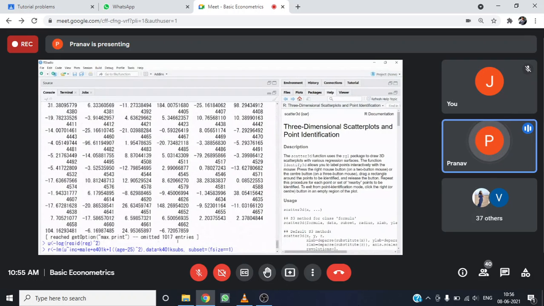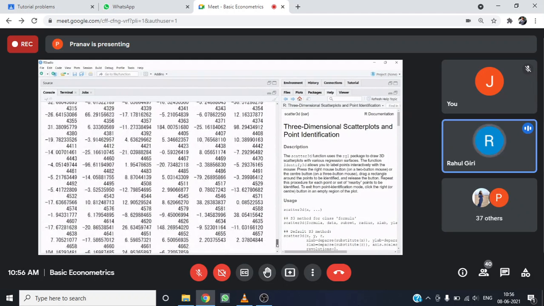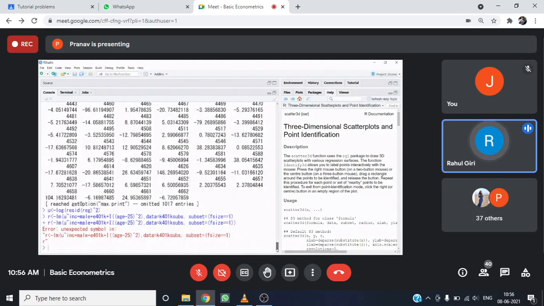It has omitted certain entries as well. Just check the points if you're getting the same. It's giving an error that the length is different. I'm just checking that only. Just give me a second.